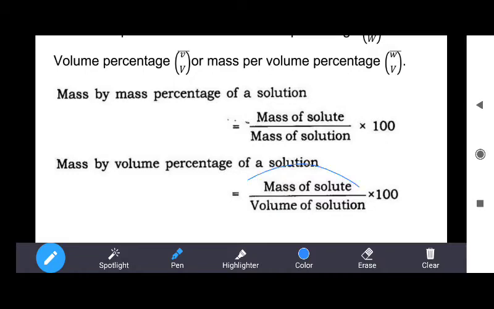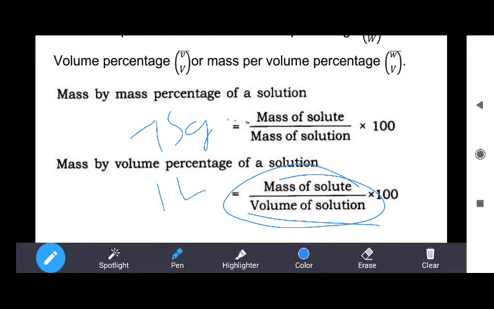Suppose this time you prepare a solution in liquid form and you measure the volume of solution. Before this I discussed an example in which 75 gram of sugar is dissolved in water to form 1 liter of solution. So here the volume of solution is 1 liter and the mass of solute is 75 gram.